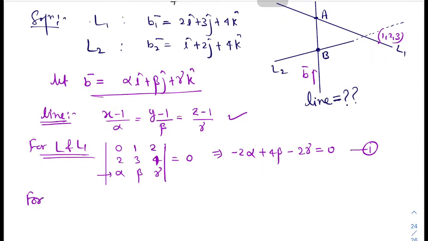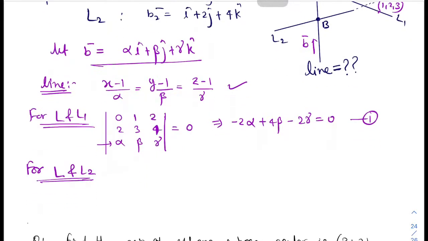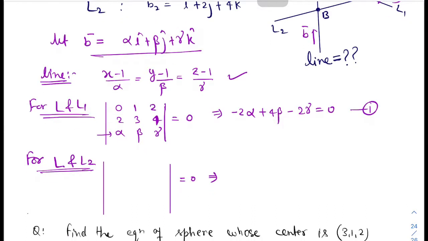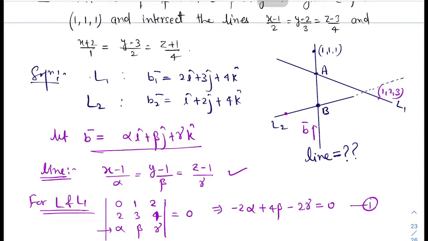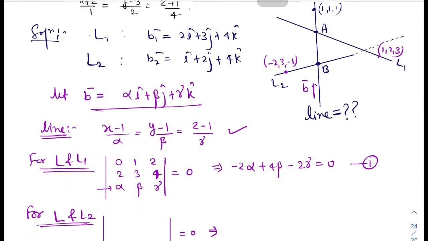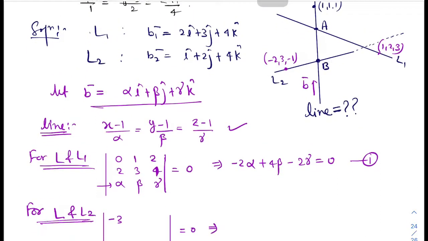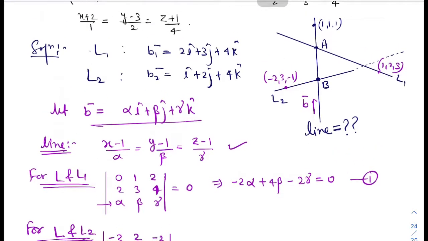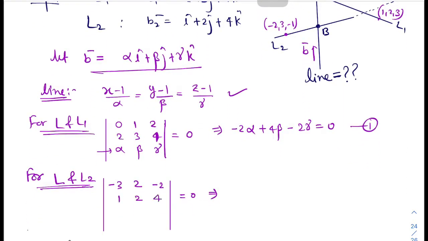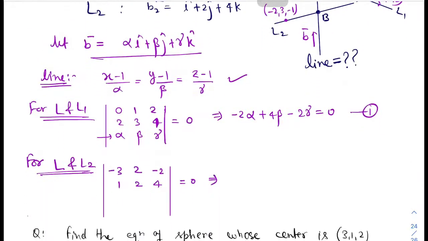Also, for the required line L and L2, the shortest distance is also 0 in this case. So we will write the condition for shortest distance equal to 0. L2 was passing through the point minus 2, 3, minus 1. So minus 2 minus 1 will be minus 3, 3 minus 1 will be 2, minus 1 minus 1 will be minus 2. L2 was parallel to the vector I cap plus 2j cap plus 4k cap.